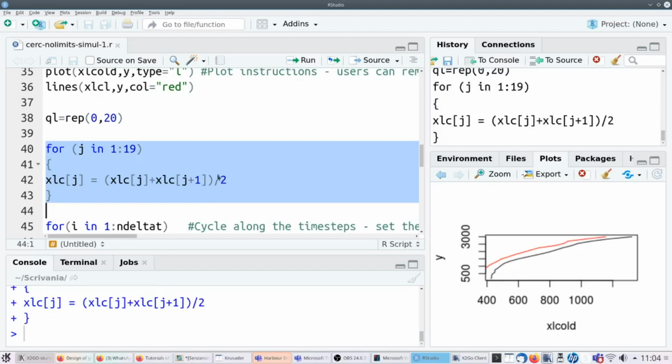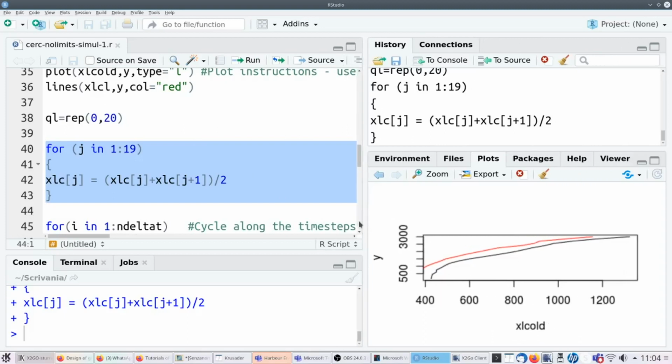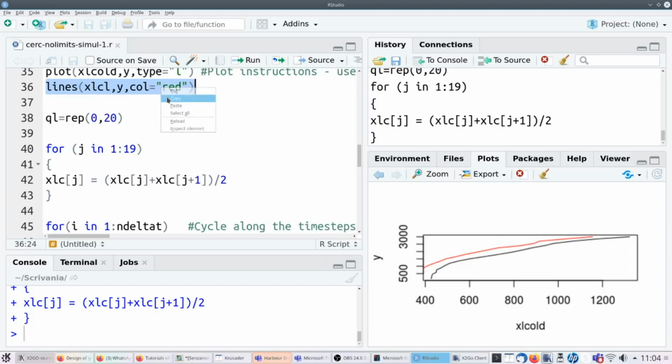Let's try to add the smoothed coastline to the plot that I have right now, to see what changed. I don't have such an instruction in the script, so I take it from the previous one where I drew the red line in the graph, and let me copy it. Be careful not to copy the return carriage character.